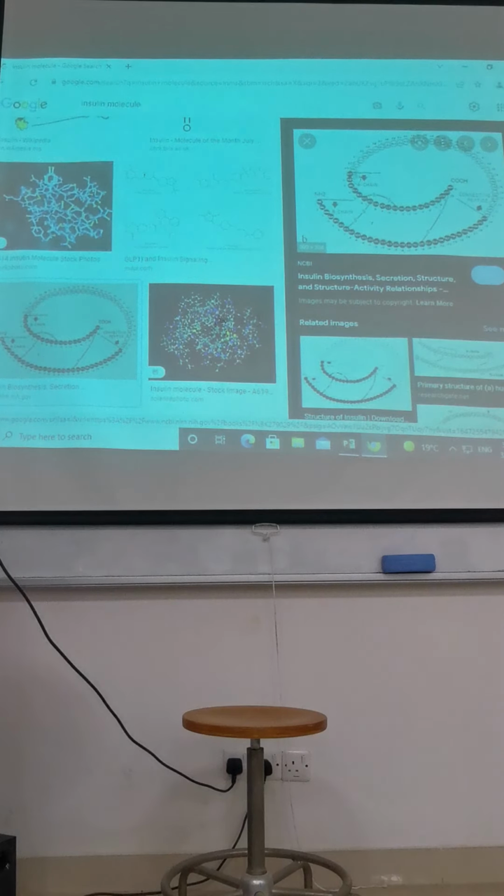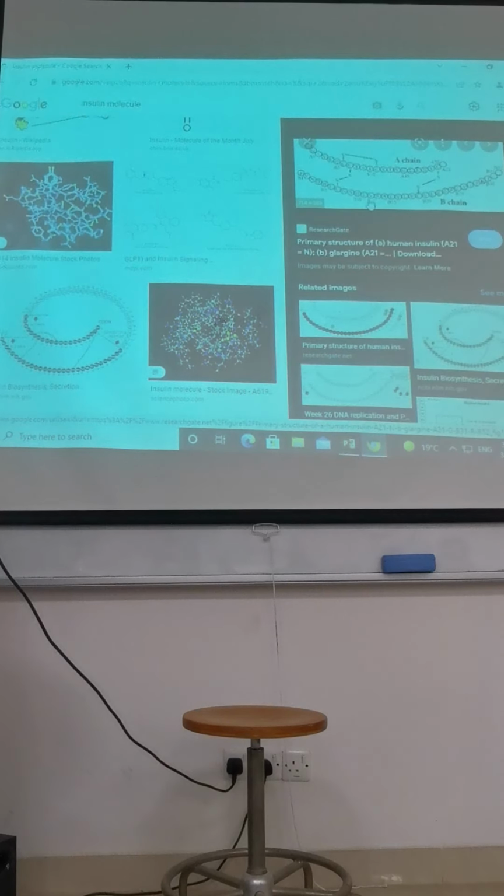This part is insulin and this is C-peptide. So normally insulin is produced like that, but when you cut, it looks like this, beta and alpha chain.